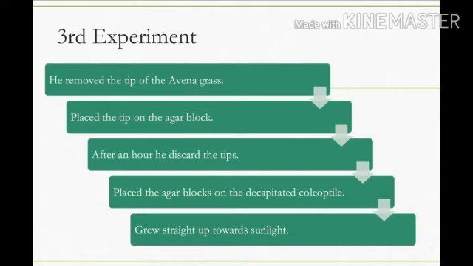After removing that tip, he placed the tip on the agar block and allowed it to stand on the agar block for 1 hour. After 1 hour, he discarded the tips and placed the agar blocks on the decapitated coleoptile. Then he observed that the plant starts to grow up straight towards the sunlight.